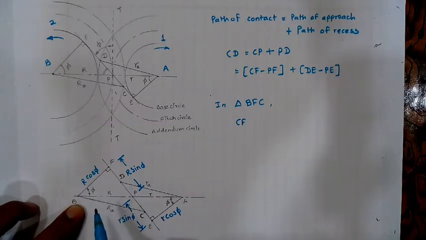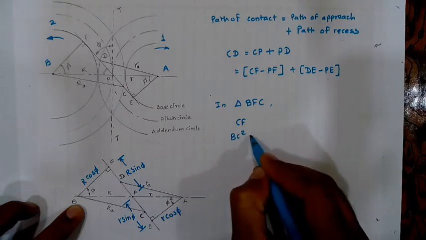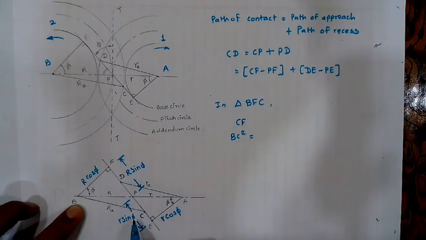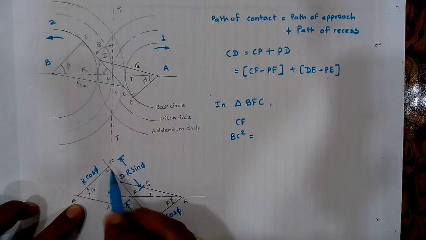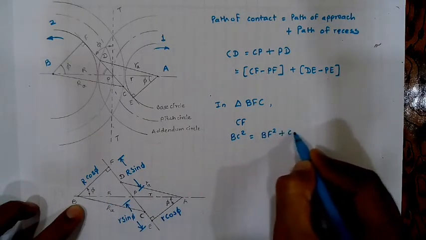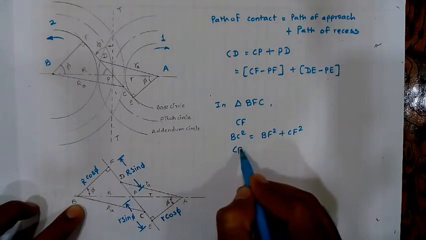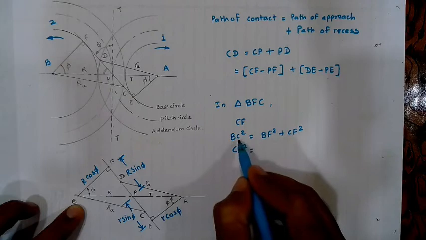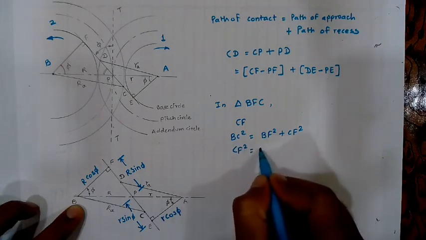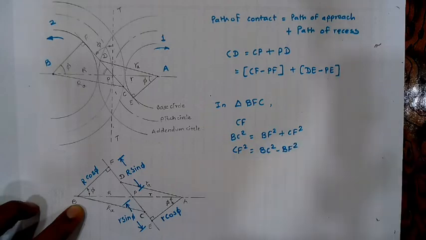So using Pythagoras theorem, BC square will be equal to BF square plus CF square. So CF square will be BC square minus BF square.